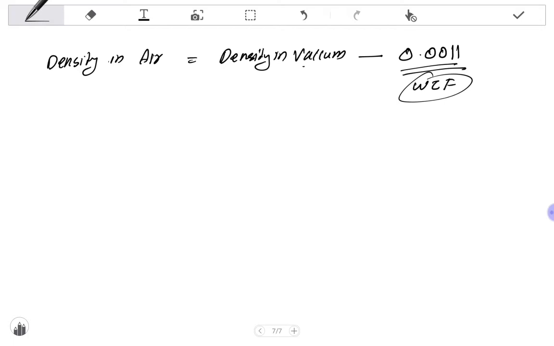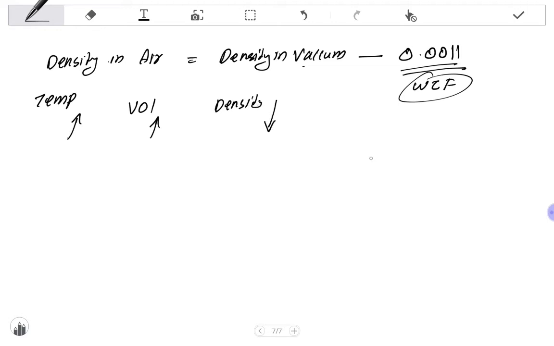Now, temperature. As the cargo temperature increases, volume will also increase. Basic physics. So, as the volume increases, density will reduce.